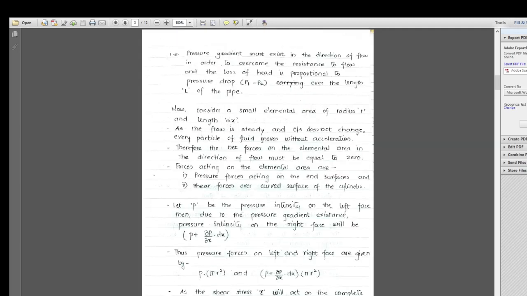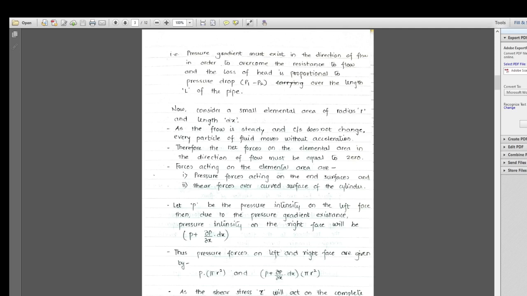As the flow is steady and the cross section does not change, every particle of fluid moves without acceleration.